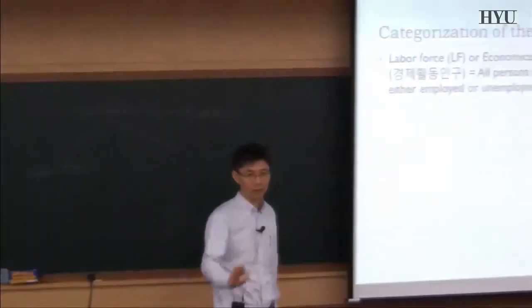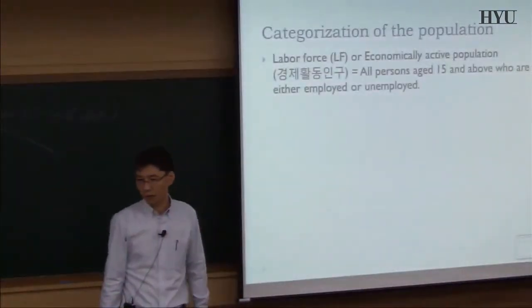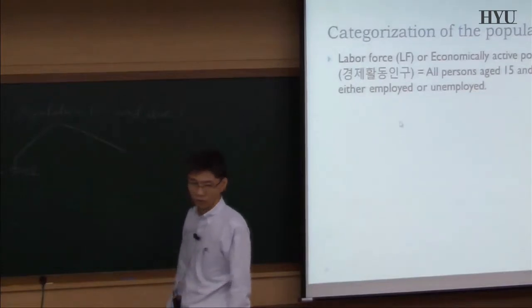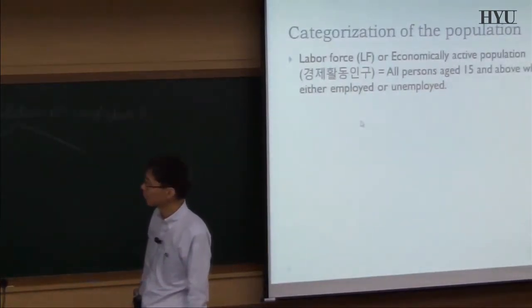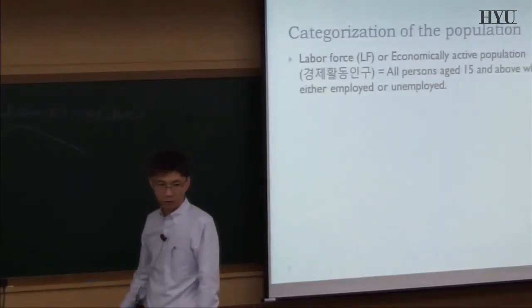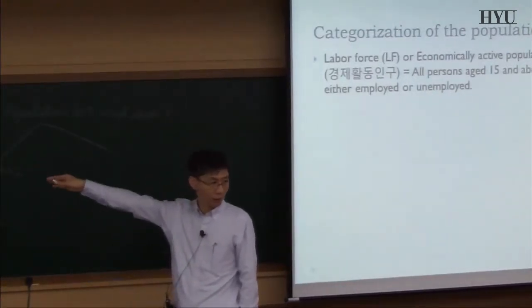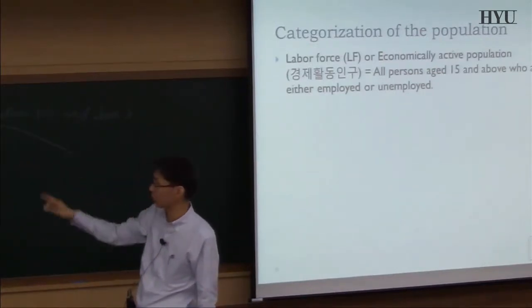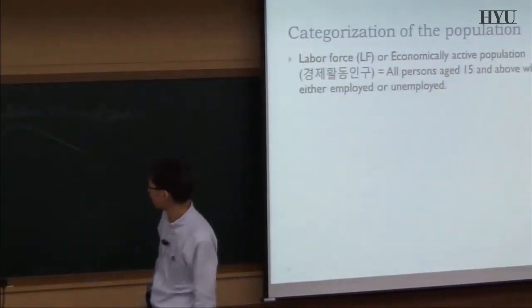Basically, they mean the same thing. We usually use labor force because it's shorter. In Korean, it is 경제활동인구. You will hear this term in newspapers or in news reports. Probably you have already heard it many times. So that's the labor force.